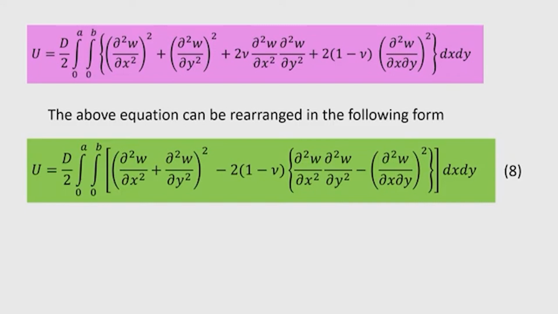Okay. Now, here you can see we add 2 into del square w by del x square into del square w by del y square, without the Poisson ratio, in this expression, and then again subtract the same quantity to keep the expression the same, without affecting it. So, we add a quantity, 2 del square w by del x square into del square w by del y square, and then the same quantity is subtracted.